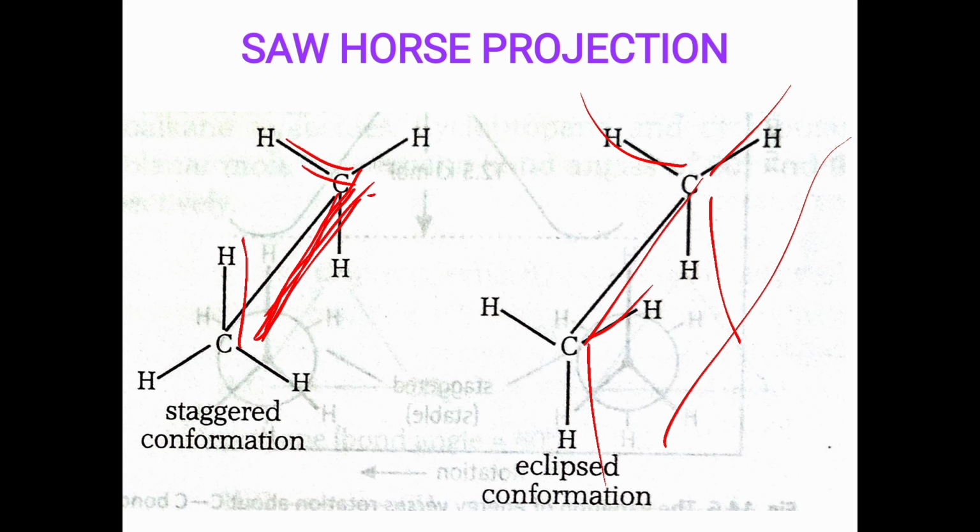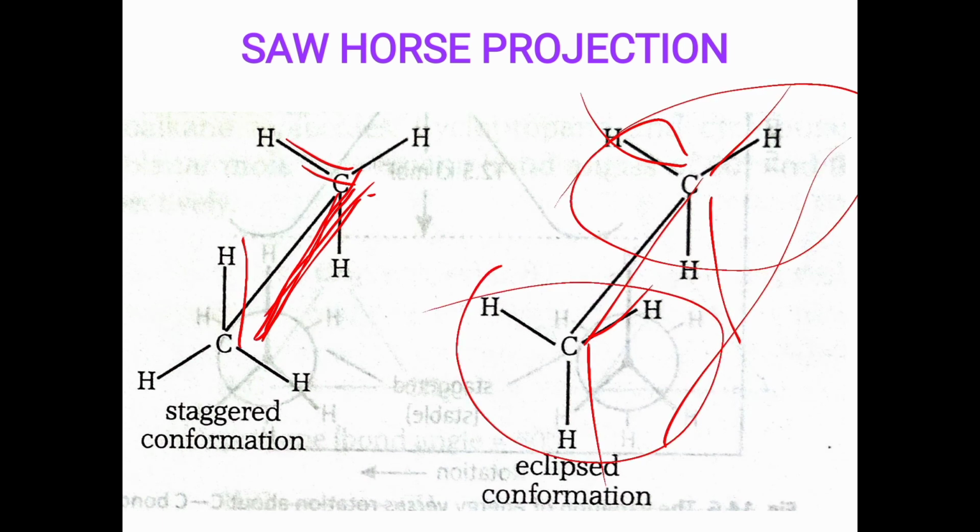But here the hydrogens have some angle, that angle may be 30 degrees, 40 degrees, whatever. When one group and another group are overlapped, it is called eclipsed conformation. If they are not overlapped, it is staggered conformation.